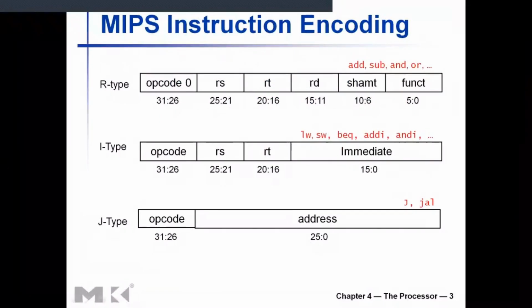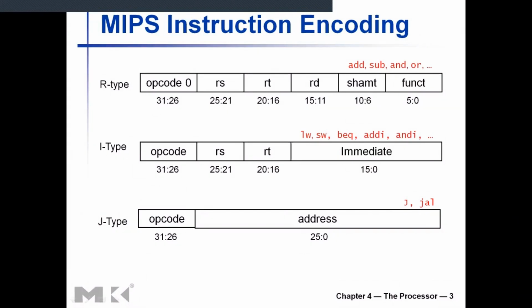You can add the 2 bits at the least significant end to make it a 28-bit address, but the remaining bits have to be 0. So you can only jump ahead 2 to the power 26 words, or 2 to the power 28 bytes. I hope that clarifies the question. Does that answer your question? Yes, sir. Thank you.